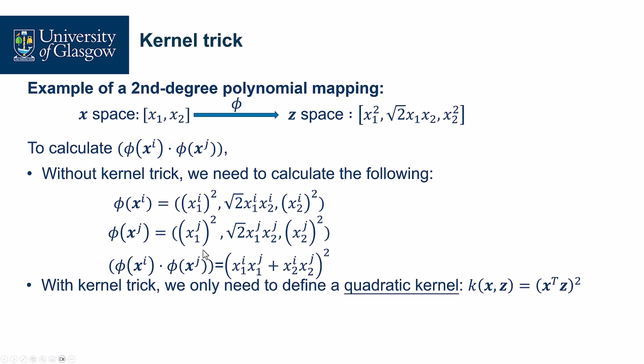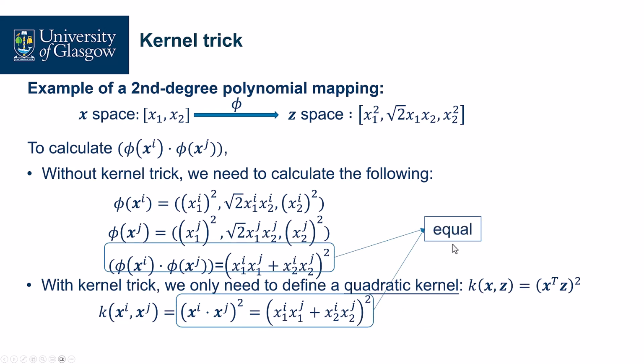Then we apply the quadratic kernel to xi and xj and plug it in, and we find that the result is the same, even without using phi. So it doesn't matter what phi is. In this way, the kernel trick helps us avoid this complex calculation, right?